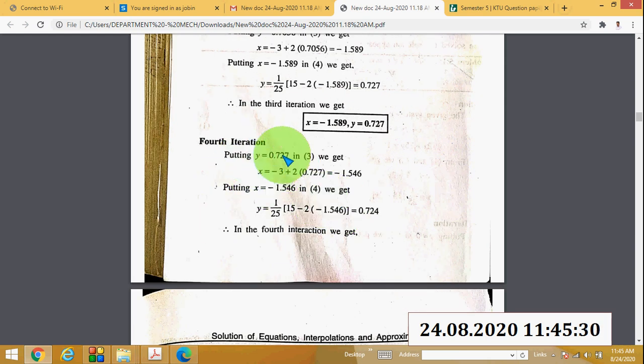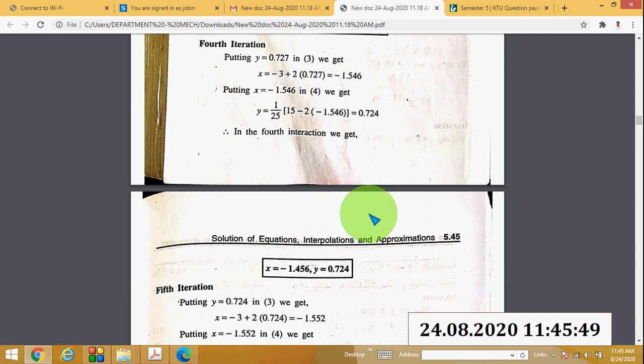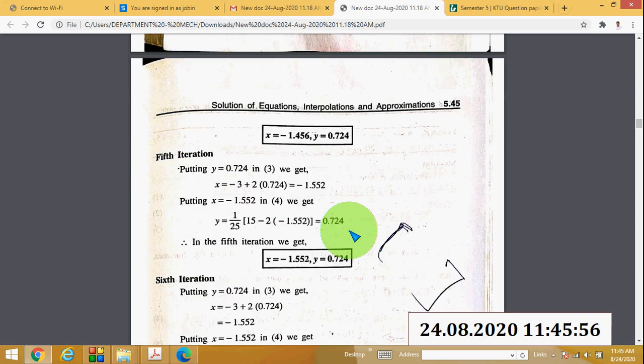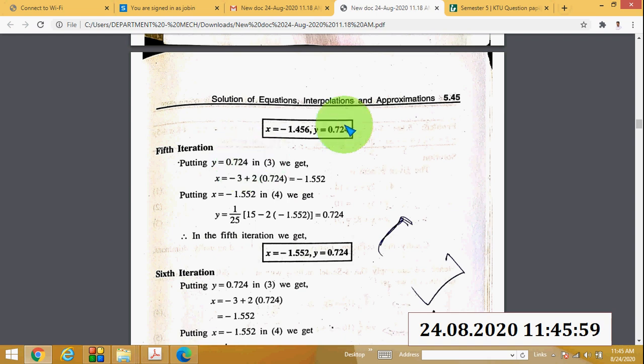Then the fourth iteration. Now y equals 0.727, substitute this value in equation number 3, you will get x equal to minus 1.546. Substitute this value minus 1.546 in equation number 4, you will get the value of y. So after the fourth iteration, x equals minus 1.546 and y is equal to 0.724. Then the fifth iteration: y equals 0.724 in equation number 3, you will get x equals minus 1.552.